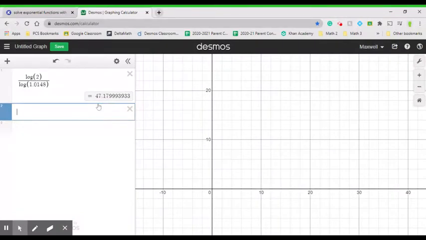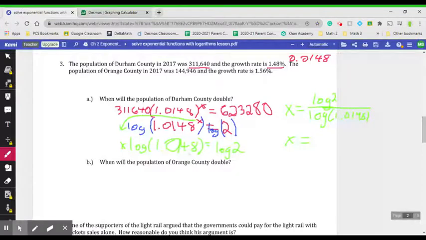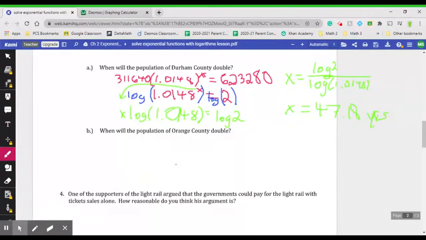So we would round that to about 47.18 years. So our answer is 47.18 years. Part B is basically exactly the same, so we'll just skip it for this video right this second.